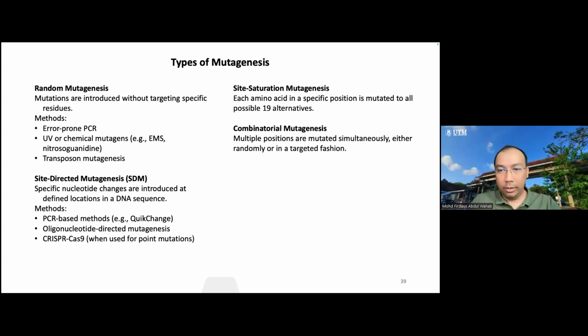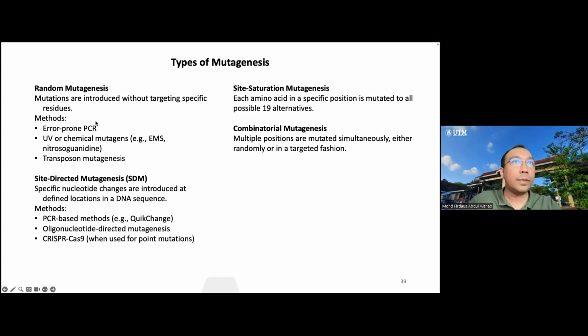So you may wonder, why do you want to have errors in our PCR? Because when we have this random situation, sometimes it will give rise to mutation at certain sites. And this mutation actually gives an advantageous property to the gene and to the enzyme generated. So that's why random mutagenesis is quite useful.